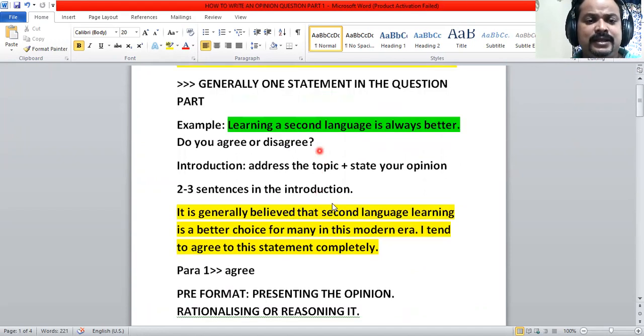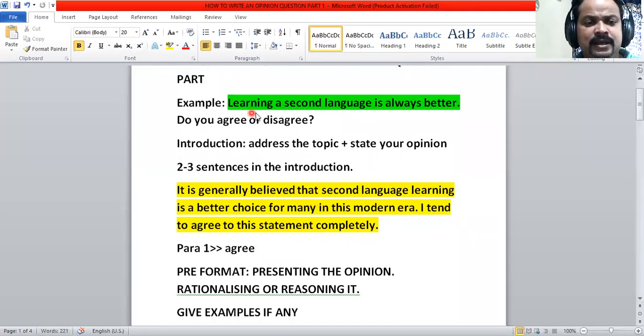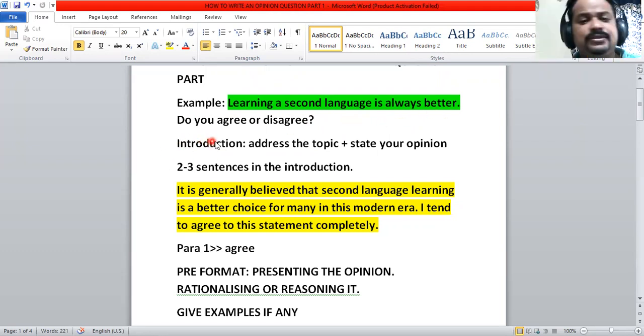So look at the question again. This is the question: Learning a second language is always better. Do you agree or disagree? For this question, we have framed an introduction here. It is generally believed that second language learning is a better choice for many in this modern era.